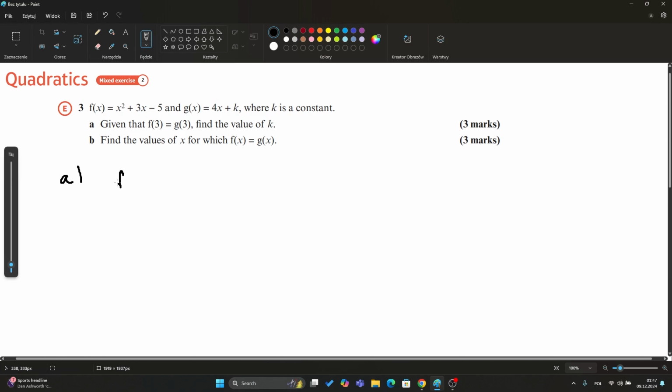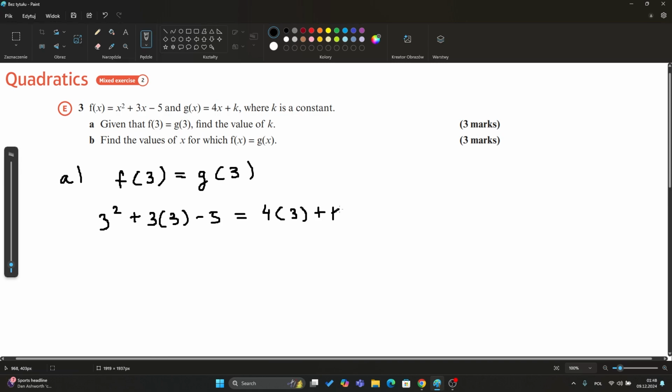So f of 3 equal to g of 3 will basically replace the x with the number 3 in both f and g. So here 3 squared plus 3 times 3 minus 5 will equal g of 3, which is 4 times 3 plus k.